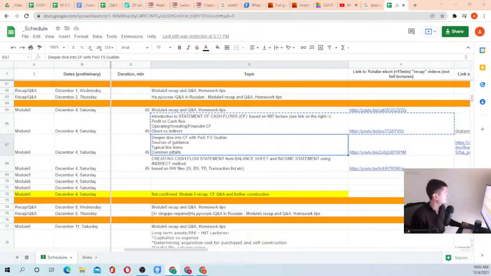Okay, here is the chart. So we will start with MIT materials.